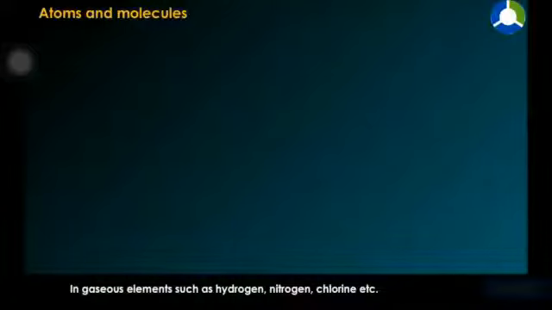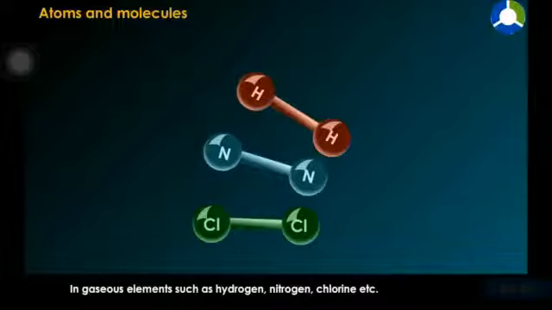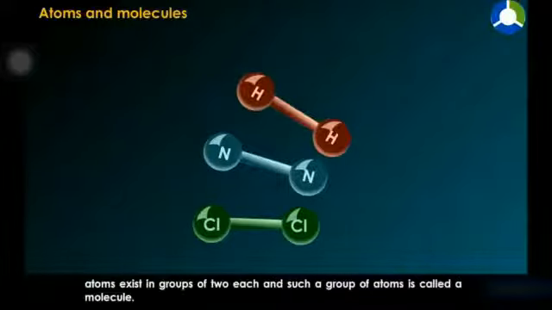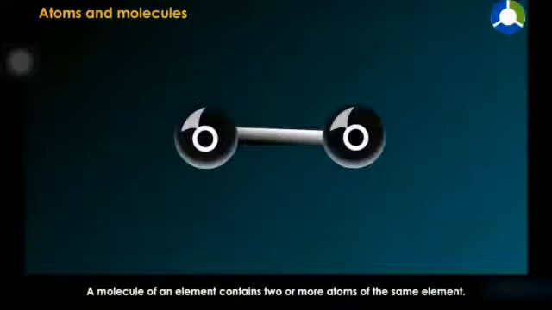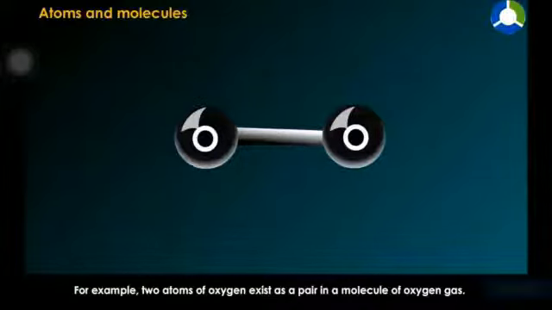In gaseous elements such as hydrogen, nitrogen, chlorine, etc., atoms exist in groups of two each, and such a group of atoms is called a molecule. A molecule of an element contains two or more atoms of the same element. For example, two atoms of oxygen exist as a pair in a molecule of oxygen gas.